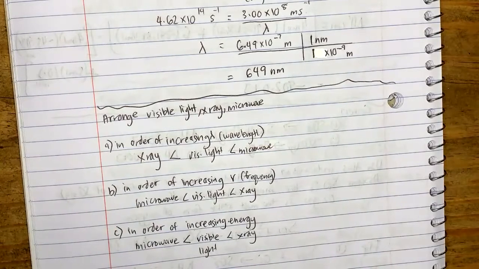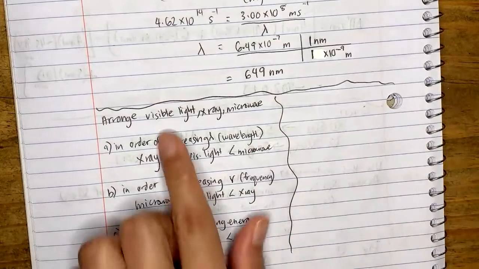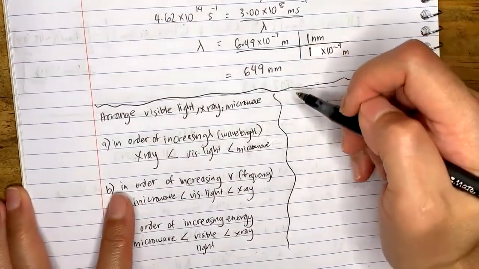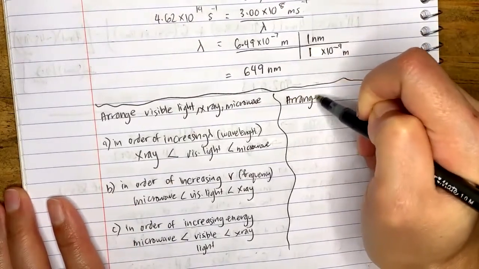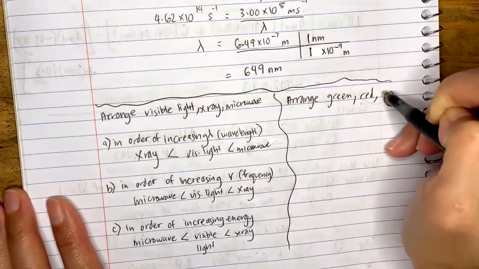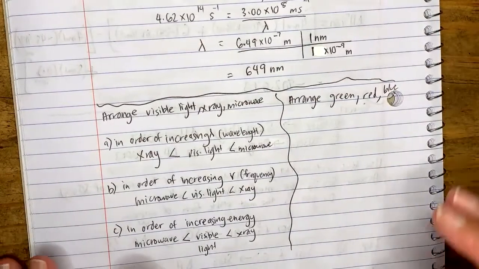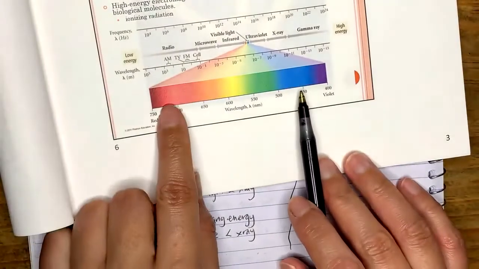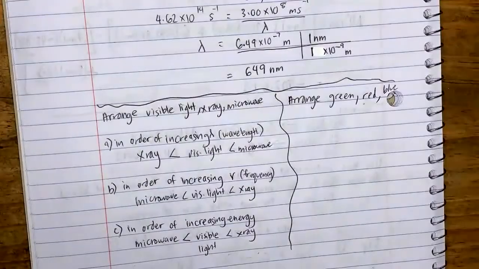What if we do the same problem, but instead of these different energies, let's look at visible light colors? Arrange green, red, and blue. Red and blue are on opposite sides, remember, and green is in the middle. Red is low energy, blue is high energy, green is in the middle.